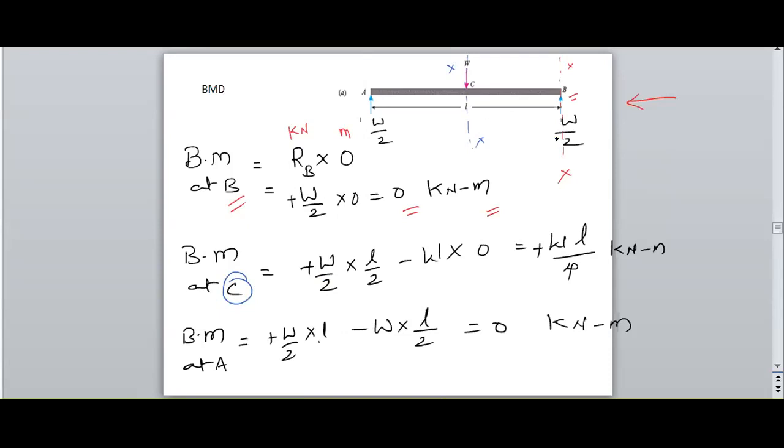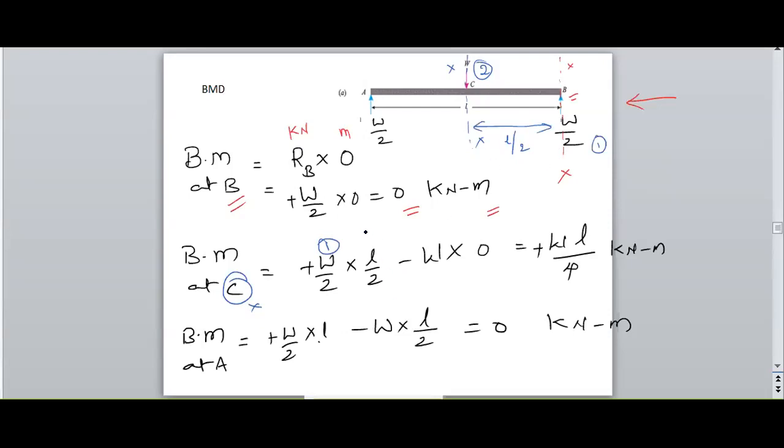First force is W by 2, and the second force is W. So I need the distance of these two forces from C. The first force, W by 2, has a distance from C of L by 2.